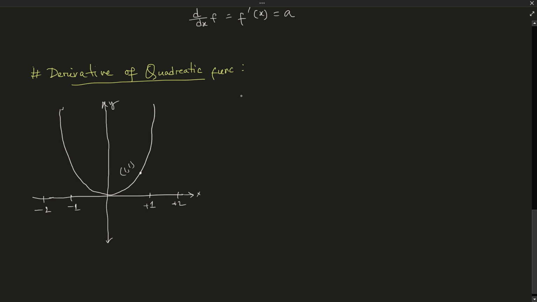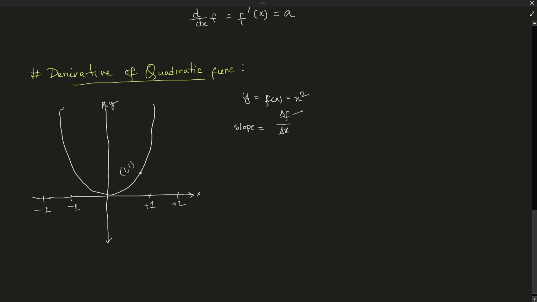So basically the equation is y is equal to f of x is equal to x square, and so basically the slope will be, like we have seen before, del f by del x.